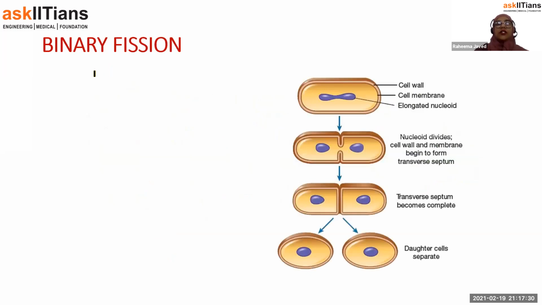Binary fission is a simple process where one cell divides into two. Okay, here binary fission, I'm going to write the definition also.